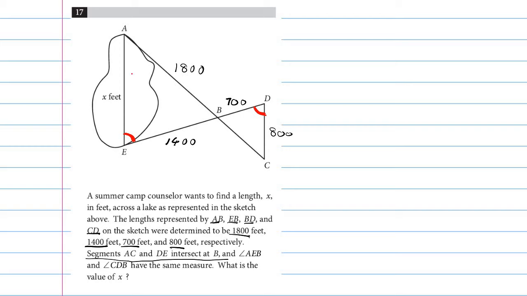In this case, the unknown length we need is x, the length of AB. CB is also unknown, but we don't need to worry about it since they haven't asked anything about that.